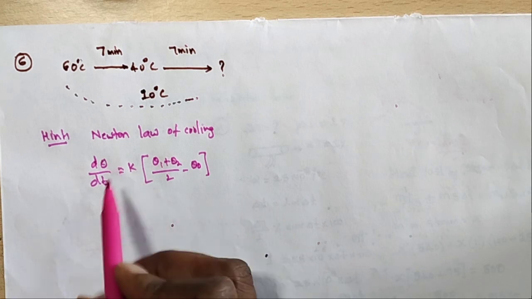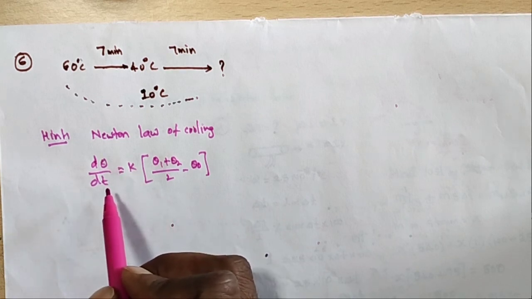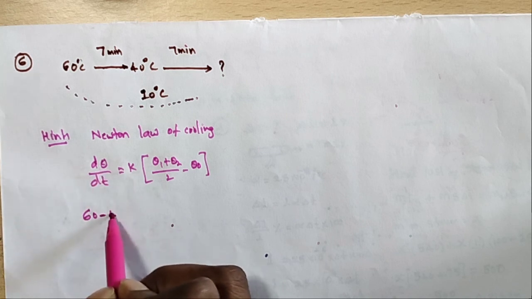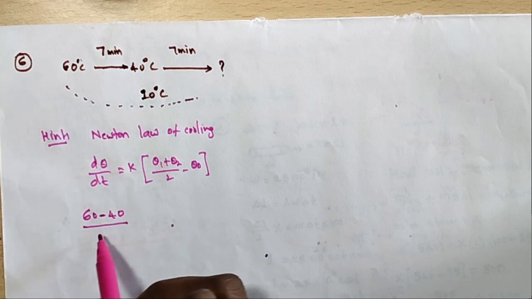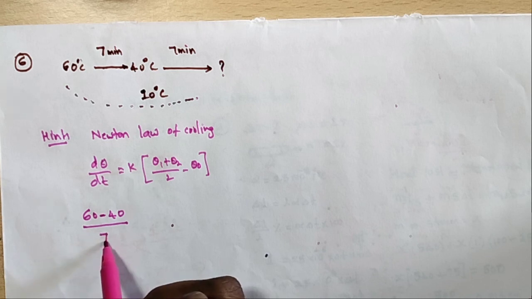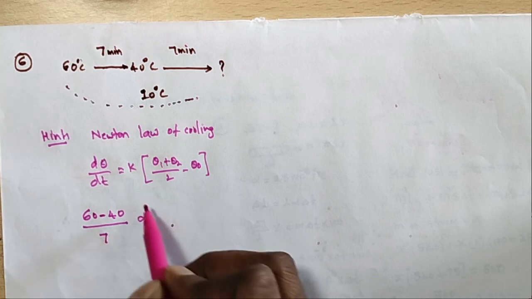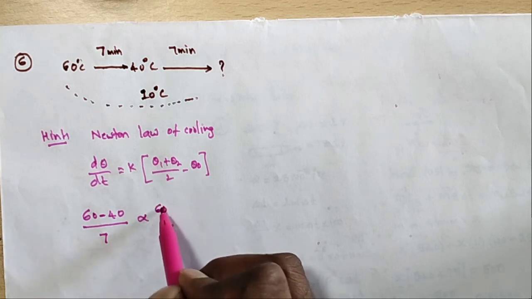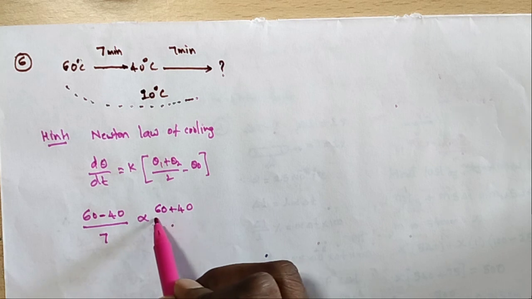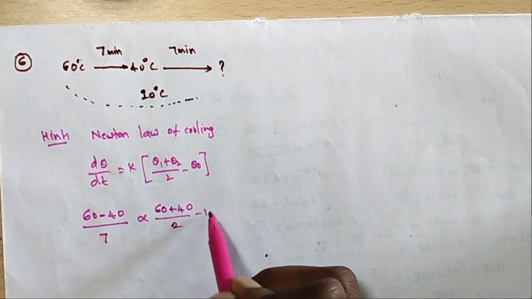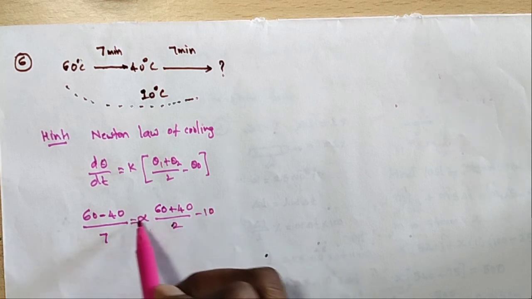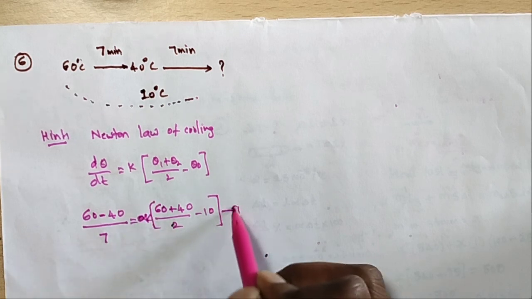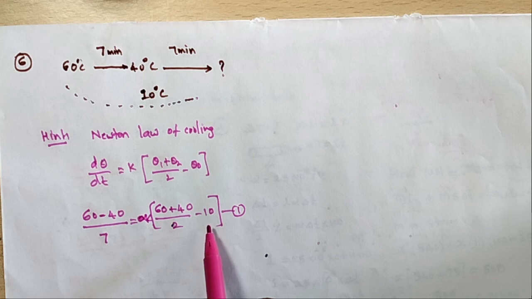Here you can also take ratios. In this one, d theta means 60 minus 40, by delta t, 7, is proportional to (60 plus 40) by 2 minus 10. Let us take it directly as k. So you can calculate the k value.